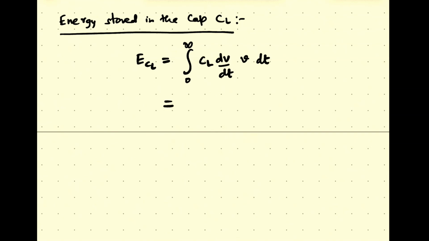Of course, this can be simplified as you can bring the CL outside the integral term. So we are left with V dV from 0 to infinity. The upper limit is nothing but VDD, because that's the final voltage that you arrive at. So the energy can be written as half the load capacitance VDD squared.